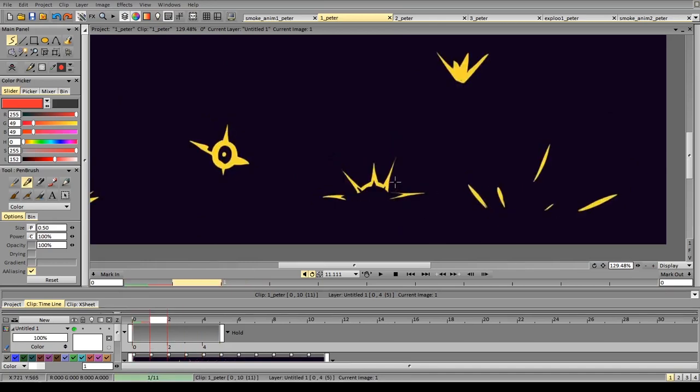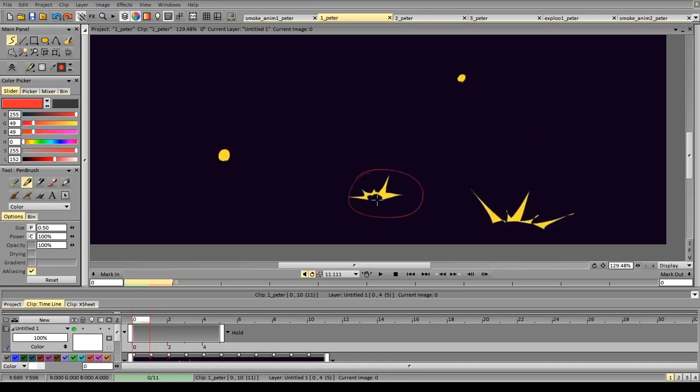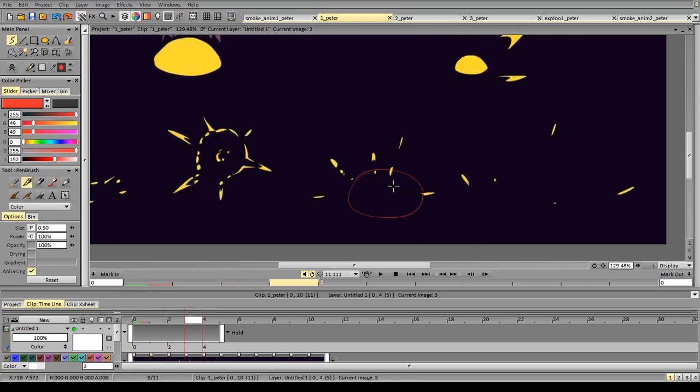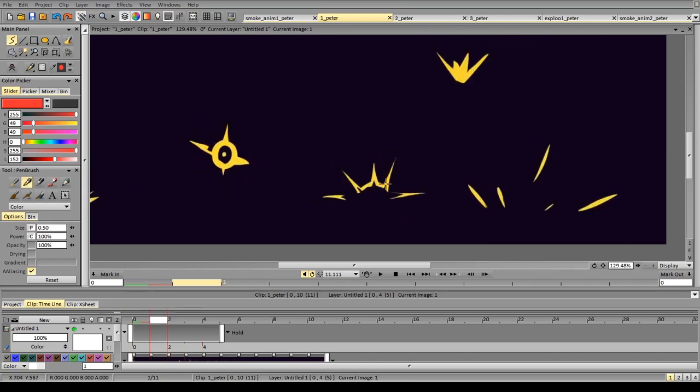Other things to consider are keeping shapes interesting. For example, this animation works quite well on this frame and on this frame, but it's a bit too repetitive on this frame because all the scenes have the same size, the same lengths, and the same goes for the sides.